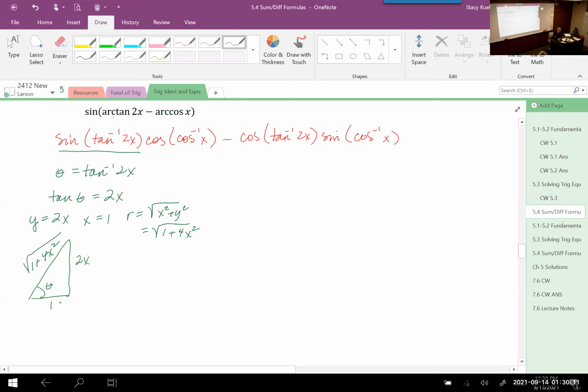So I'm going to use that to figure out what the sine of theta is. The sine of theta has to be what? Opposite over hypotenuse, correct? Opposite over hypotenuse, which is 2x over the square root of 1 plus 4x squared.